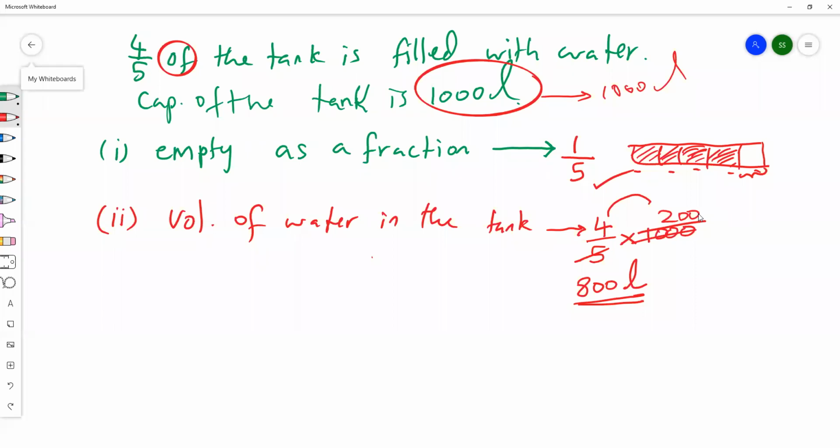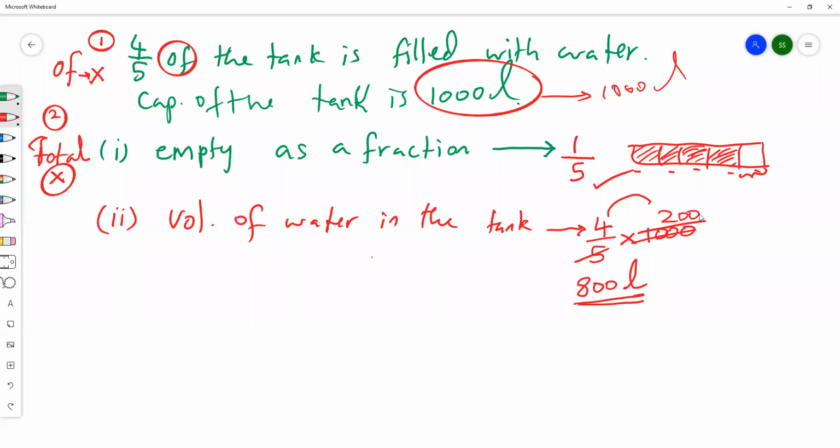So keep in mind, children, of means multiplication. That is point number 1. The second point is, if you know the total, total is given, you can use the multiplication symbol.